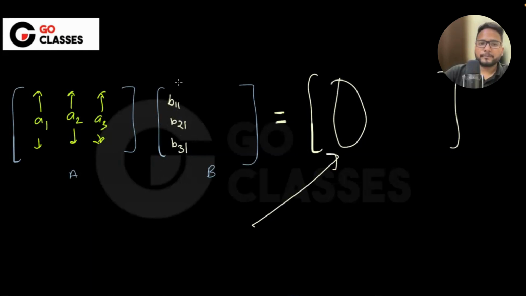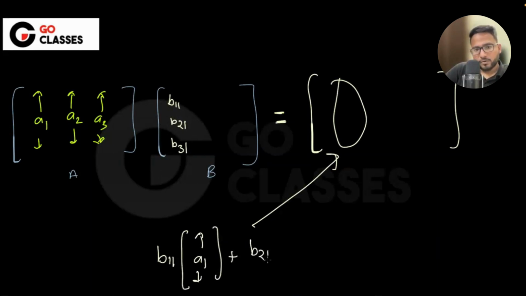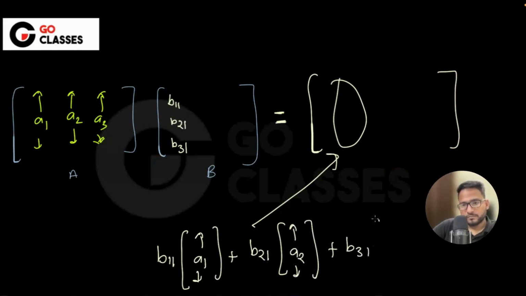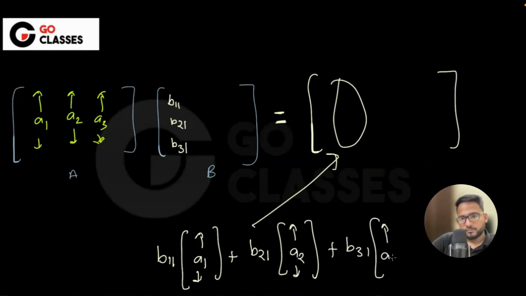So what is the first column here? Can anyone tell me? It is nothing but the linear combination of these columns, right? A1, and the coefficients will be coming from here, plus B21 A2, plus B31 A3. Is this fine to everyone? Let me know, right?